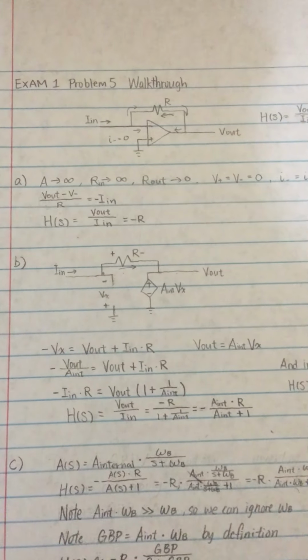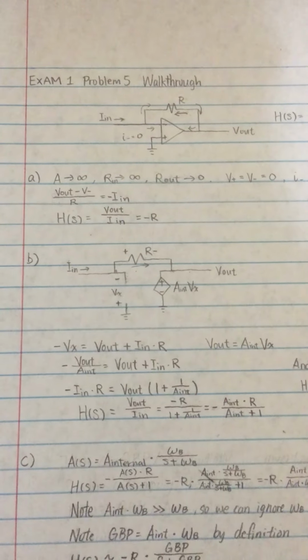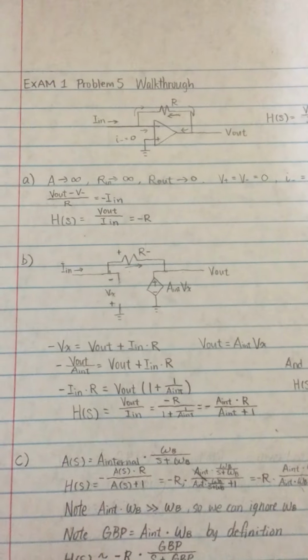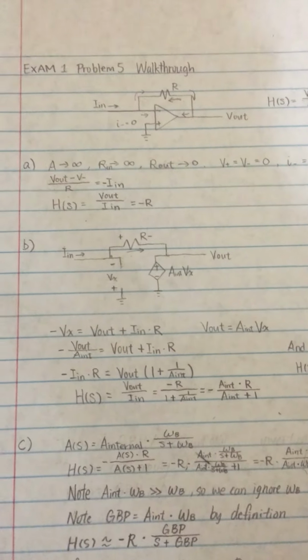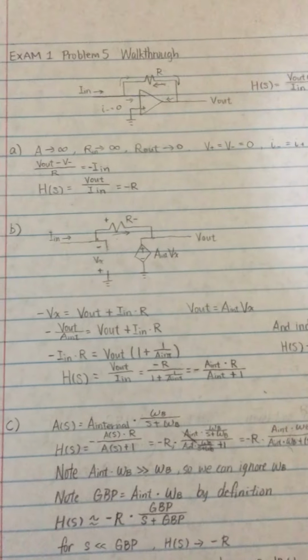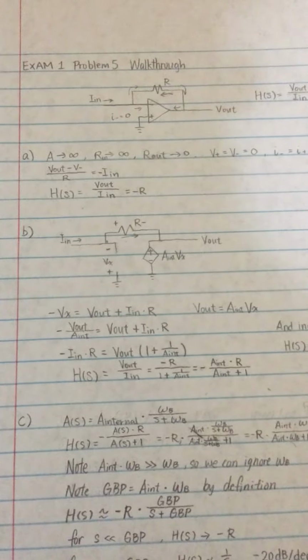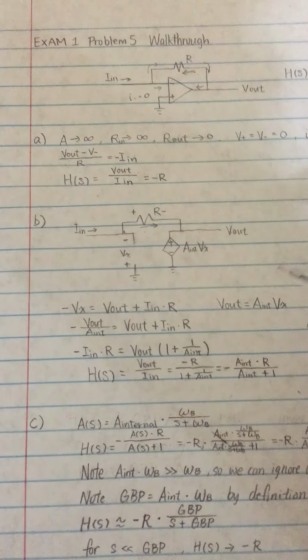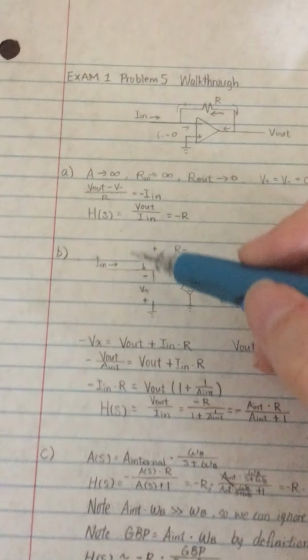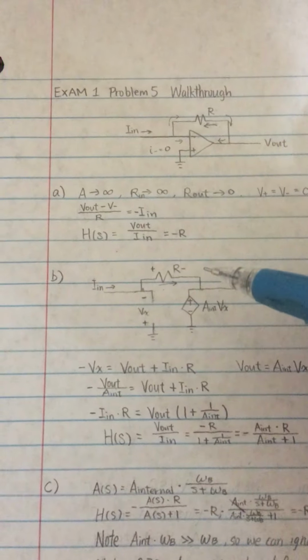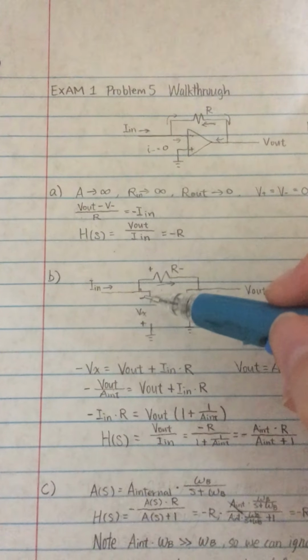For part B of the problem, we are asked to determine the transfer function if the op-amp has a finite internal gain. And we're also asked to draw the schematic with the op-amp replaced with the dependent source model. So I first draw the circuit with the dependent source model.